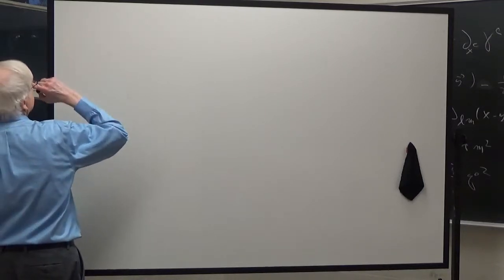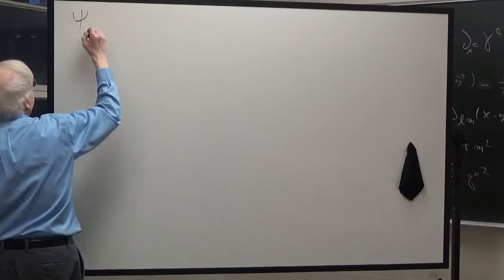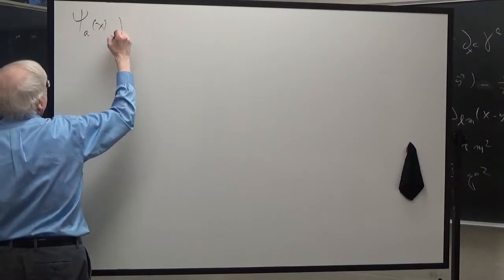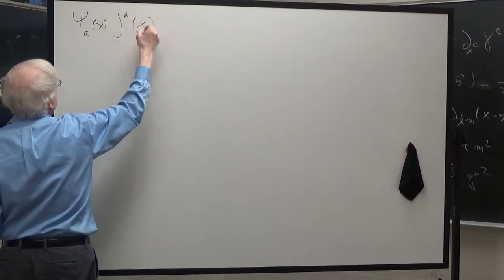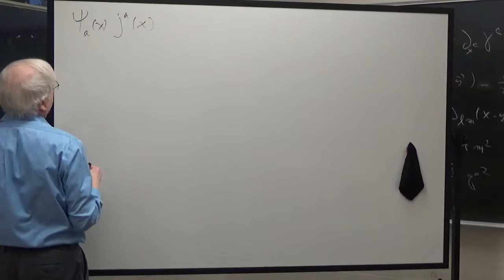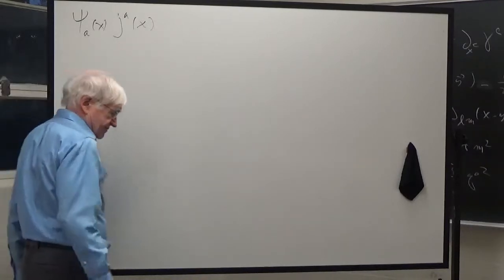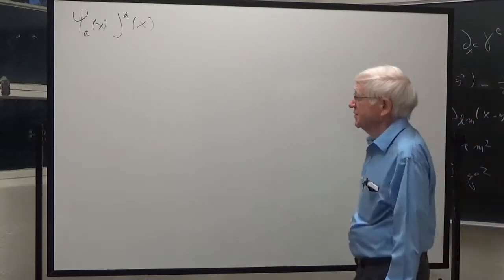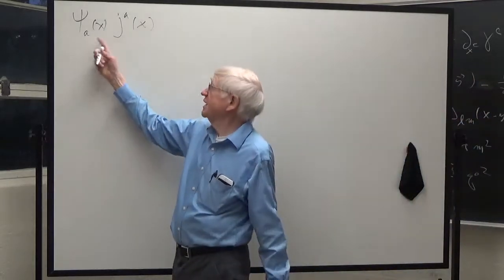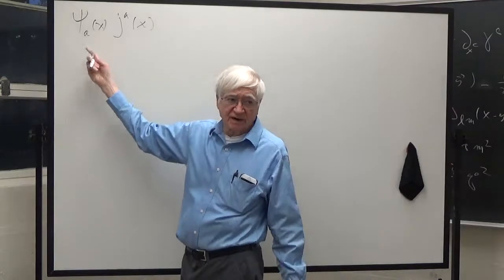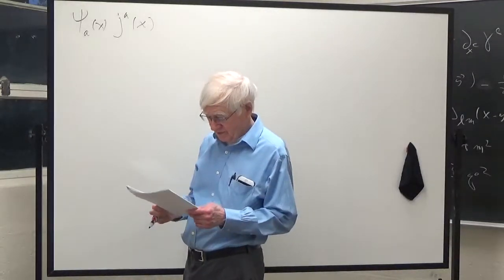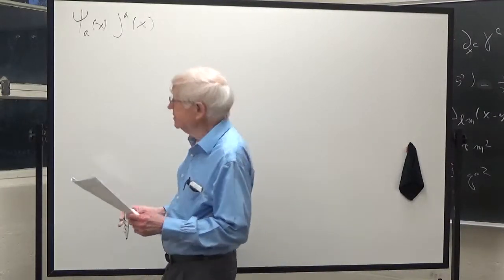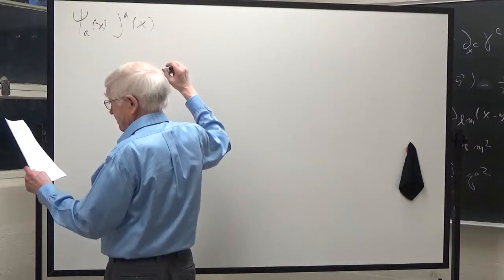The way spin 1 fields normally interact is with currents, a current J^A, and so this is a 4-vector, that's a 4-vector, the dot product is a Lorentz invariant quantity.